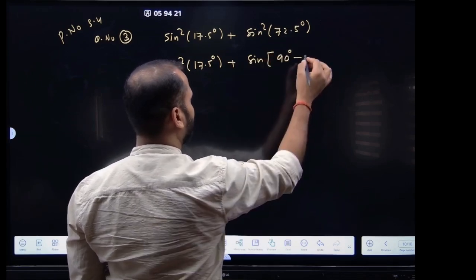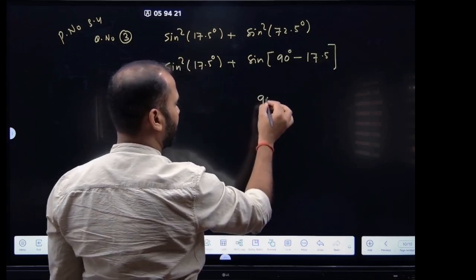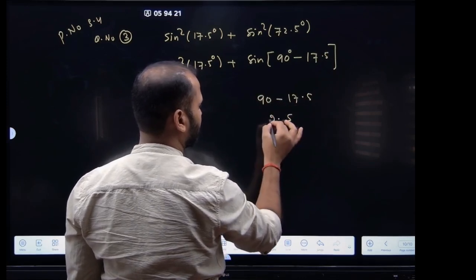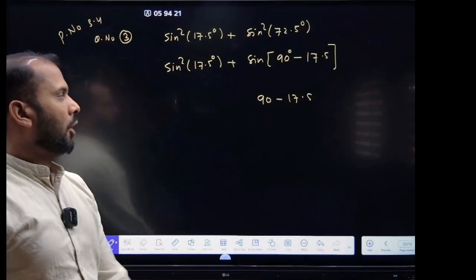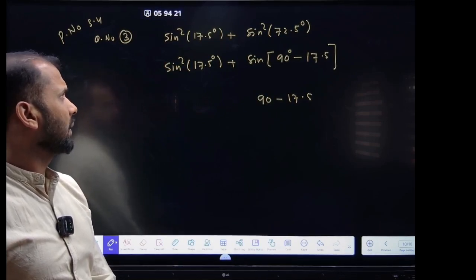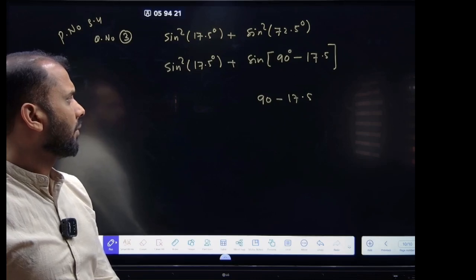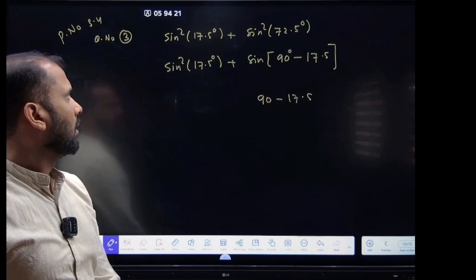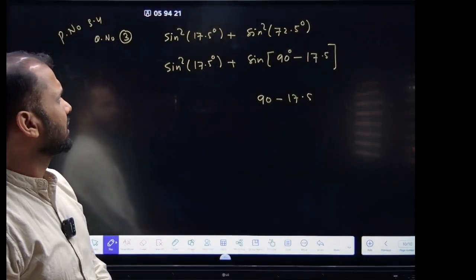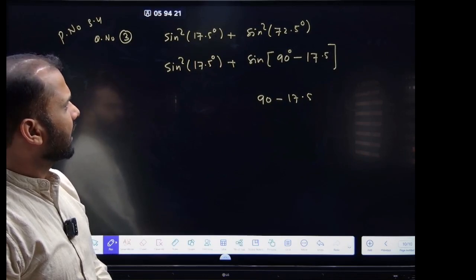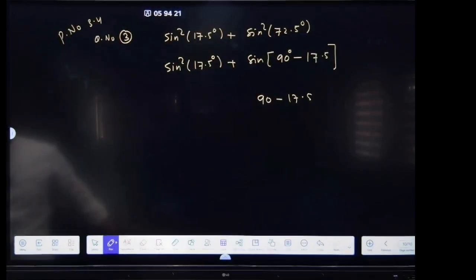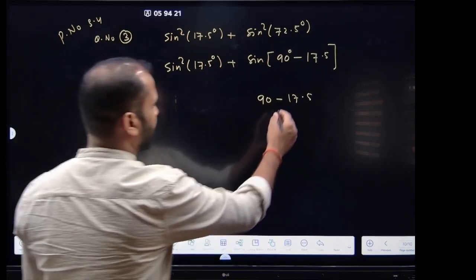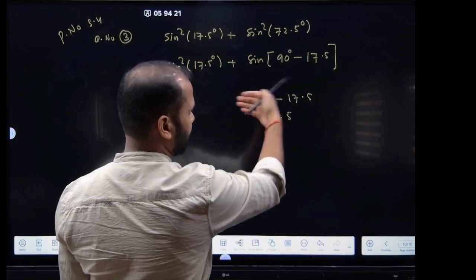From 90, if you subtract 17.5, how much will it be? 72.5, right? Sin square 72.5, if I subtract, right? Are you getting it?